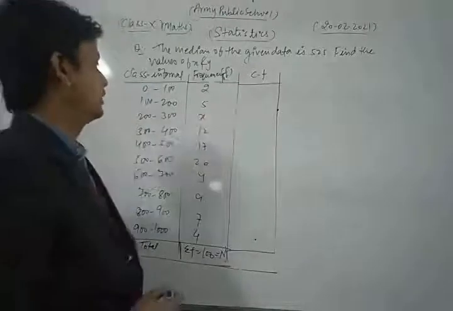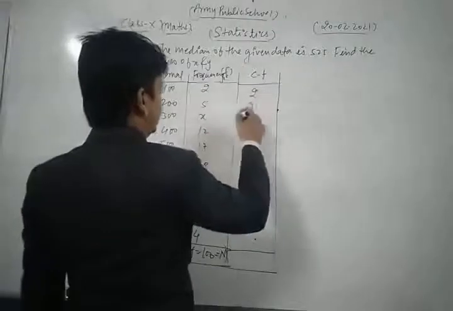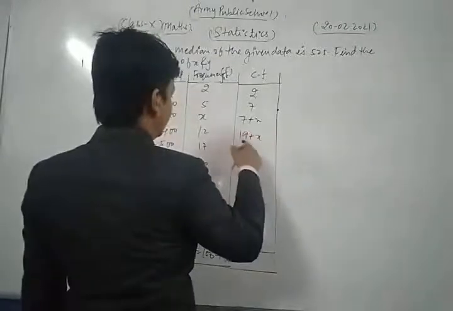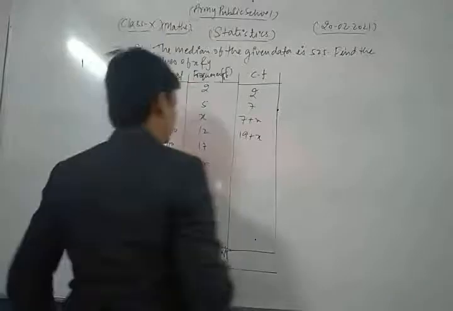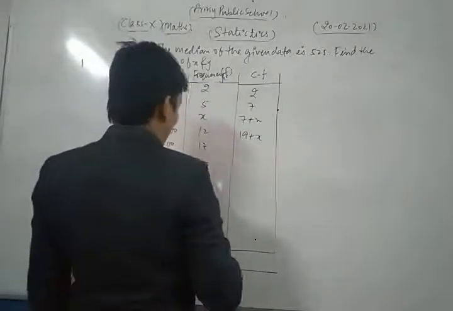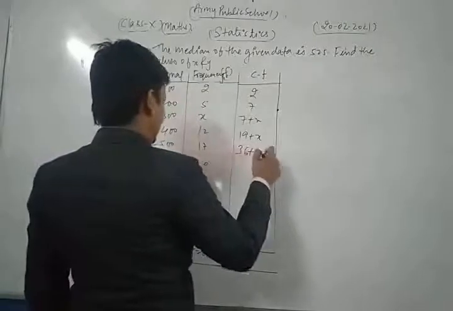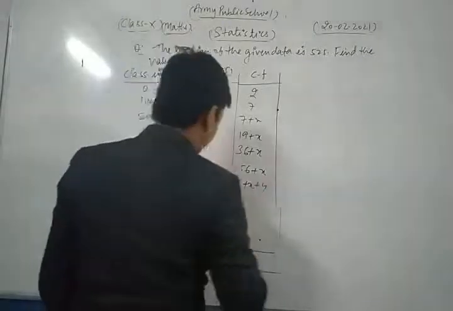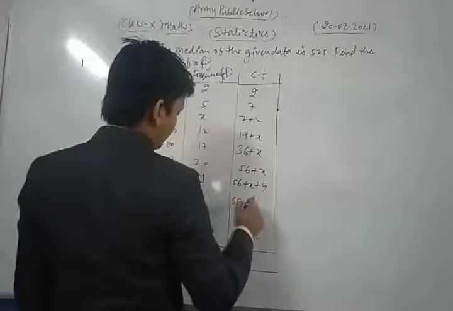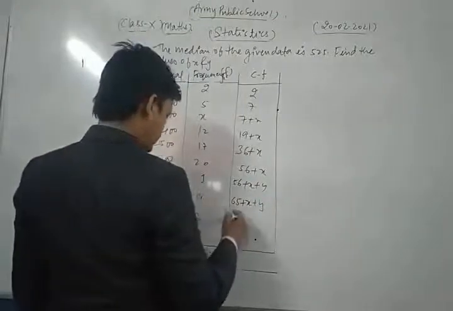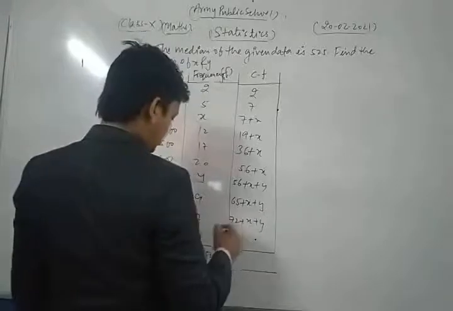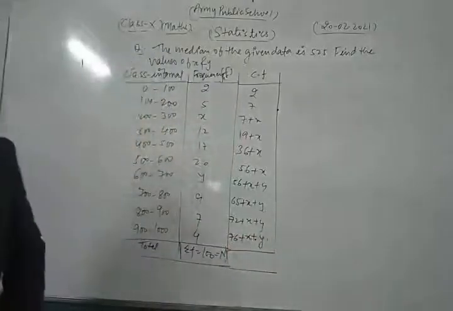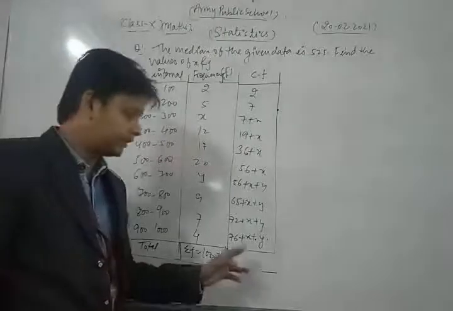Here first of all we write 2 as it is, then 7, then 7 plus x, 19 plus x, 36 plus x, 56 plus x, 56 plus x plus y, 65 plus x plus y, 72 plus x plus y, and 76 plus x plus y.